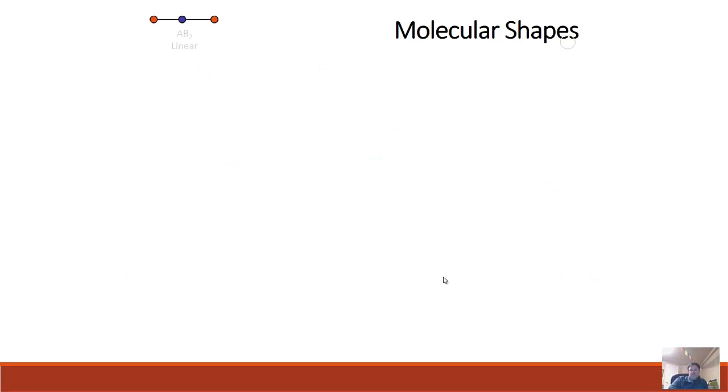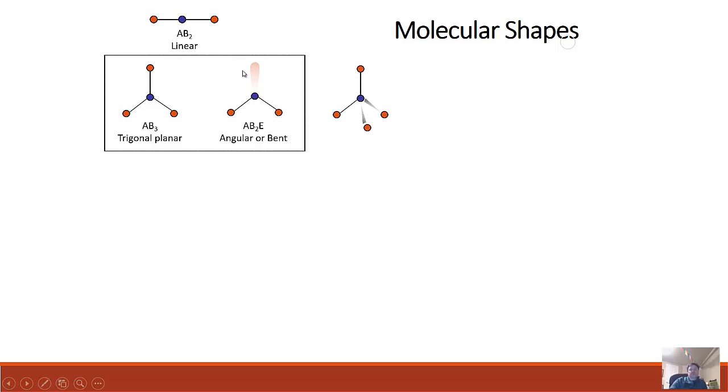All right, keep going. So here's our linear shape. Basic linear shape, straight line. There's our trigonal planar. Here is a bent shape, with 1 lone pair. Here's our tetrahedral. Now if we replace one of those, we get basically our trigonal pyramidal.